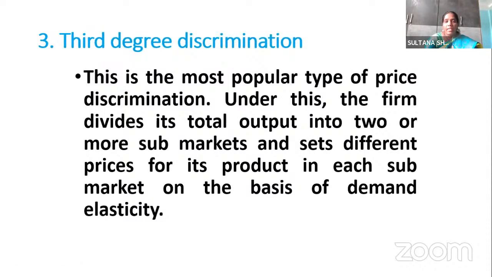Next is third degree price discrimination. This is the most popular type of price discrimination. Under this, the firm divides its total output into 2 or more submarkets and sets different prices for its product in each submarket on the basis of demand elasticity. This is very important in the price discrimination concept.